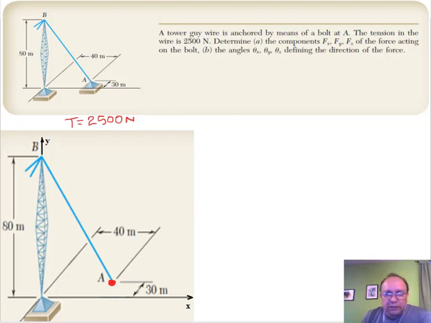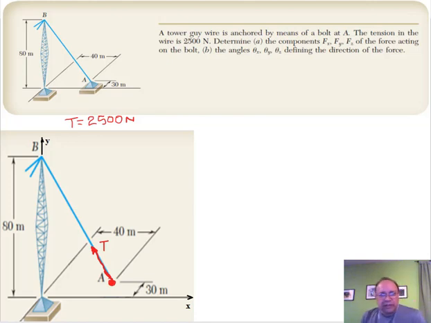Okay, so they are asking for the force applied at the bolt at A. So the force will be a vector going up like here, something like this. So this is the force, let's call it T, 2500 newtons. In order to find the components of the force, we need to find either the angles or the cosines of the angles, because the components are no other than the magnitude of the force multiplied by those cosines.